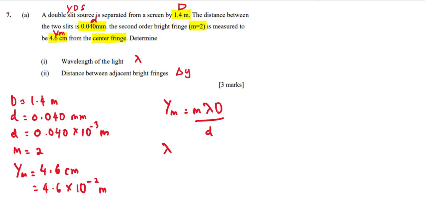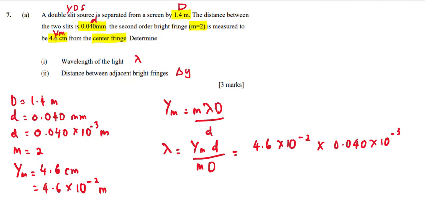We can rearrange the formula: lambda equals ym d over m D. That is 4.6 times 10 to the power of negative 2 meter, times 0.040 times 10 to the power of negative 3 meters, divided by the number of order, that is 2, times D, which is 1.4.